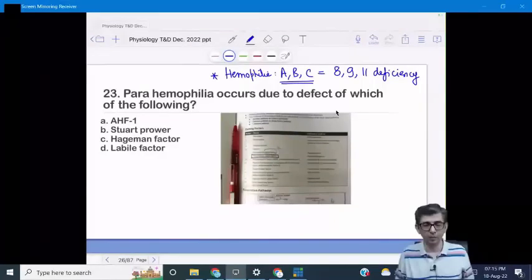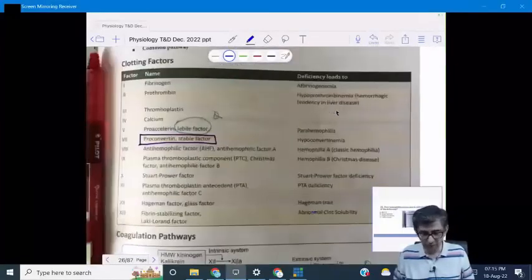But parahemophilia is directly related to factor 5. Yes, and factor 5 would be the one that you can currently see.